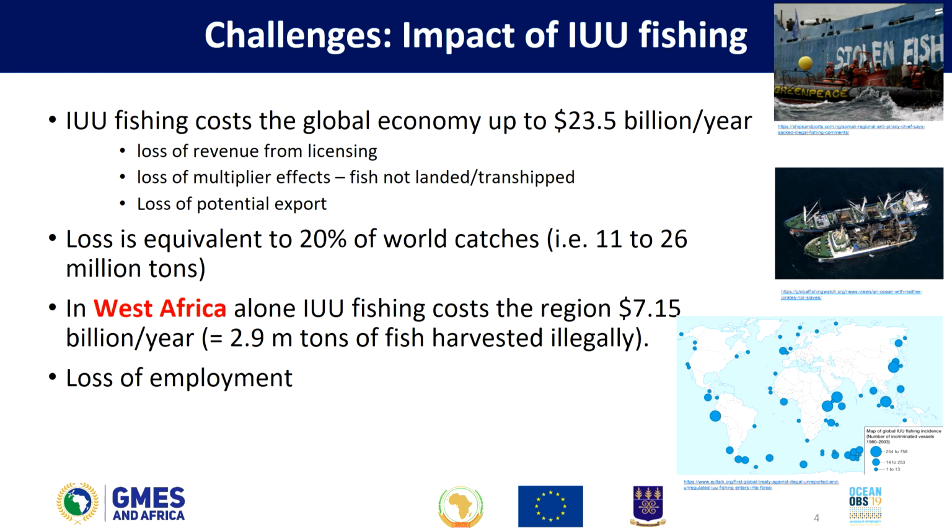This poses a lot of challenge. It causes loss of employment to the people and loss of revenue. From the map you can see down below the rate of IUU in various countries, and somewhere around Ghana in West Africa, you see that it's a very big challenge.